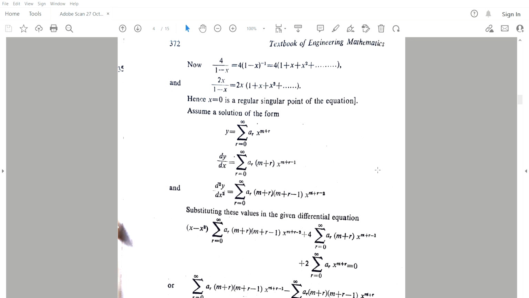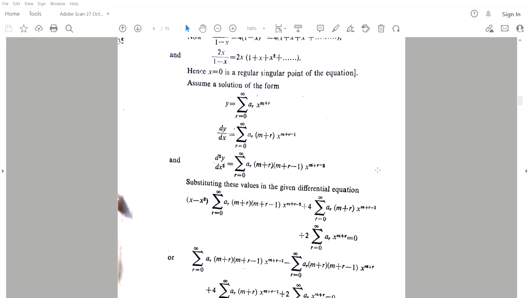Now step number 3 is put y, y dashed, y double dashed in the given differential equation and simplify it. Therefore right hand side will be 0. Now step number 4 is we take the lowest power of x, that coefficient we will take out and we will put that is equal to 0.